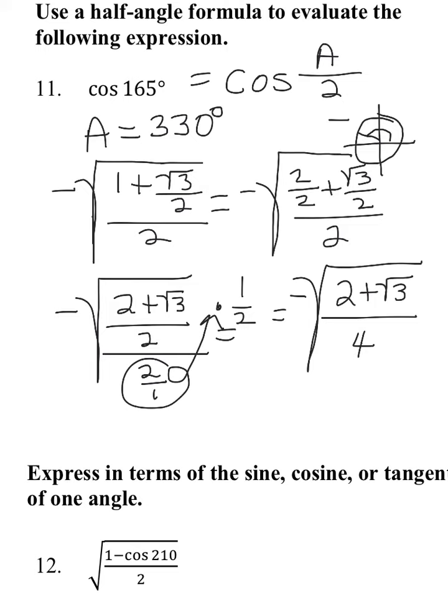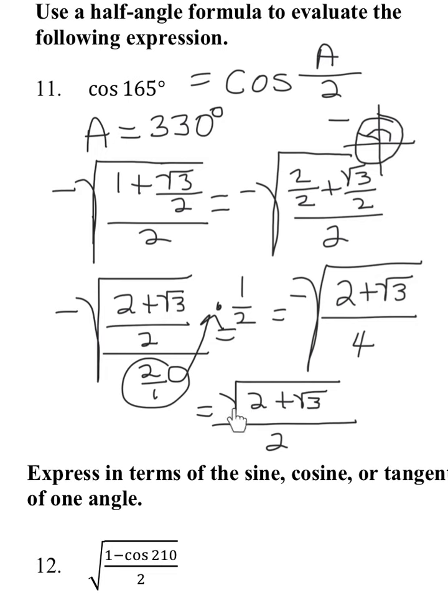Well, I'm not quite finished yet. I can still simplify the root 4 in the denominator. So I'm going to keep my radical on the top in the numerator. I have my 2 plus radical 3 in the numerator, and all of that over 2. Now, this 2 down here is no longer under the radical because I took the square root of 4, and the square root of 4 is 2.